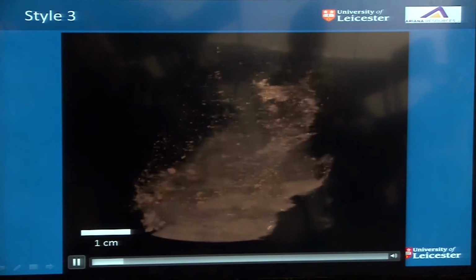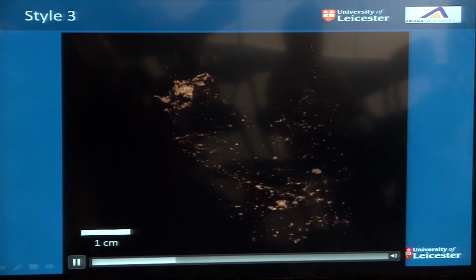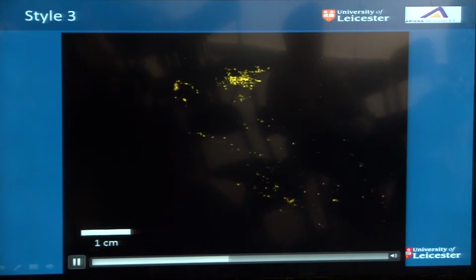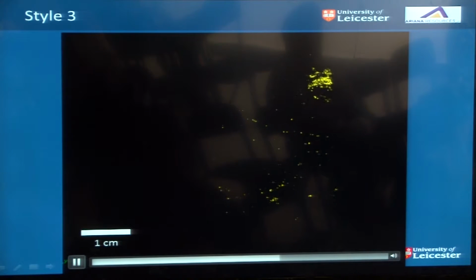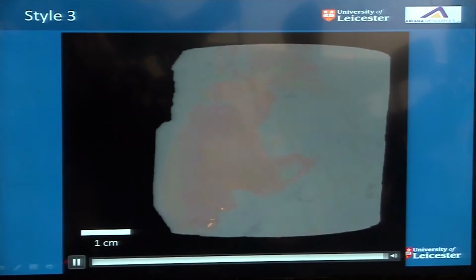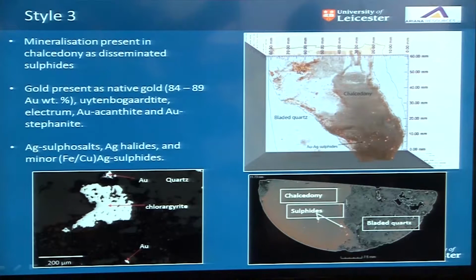So we've got one of those style 1 blebs there, but we've got this sort of planar feature coming across, which actually, when we start to take those away, is a band of chalcedony, and the sulfides and gold around the margins of that chalcedony. And these blobs of gold are part of that style 1.